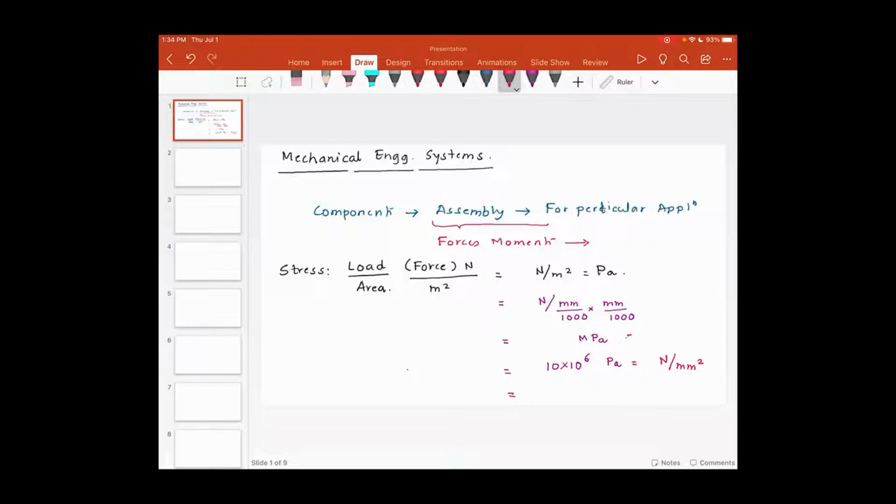So 1 megapascal is equal to 1 Newton per millimeter square.